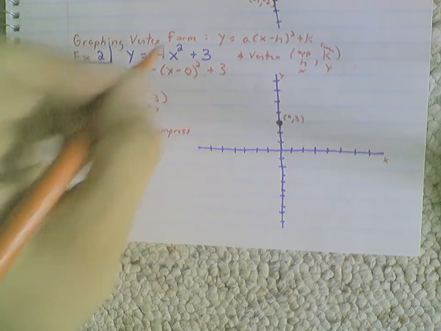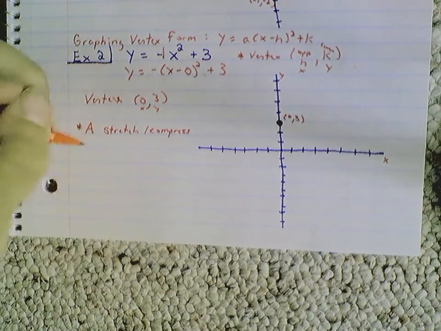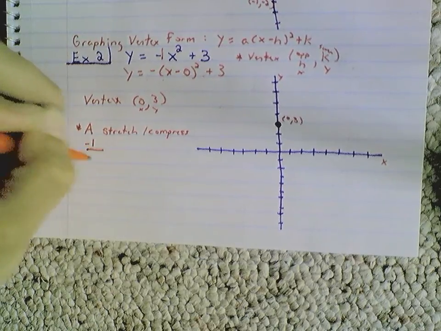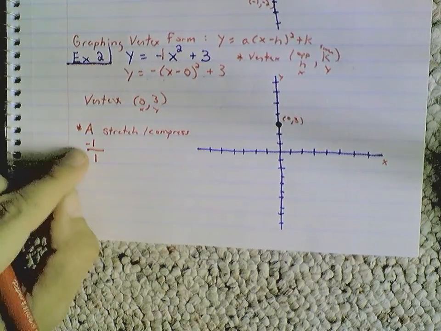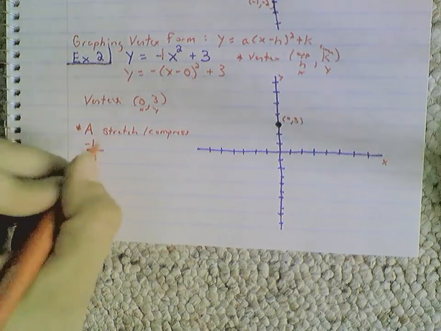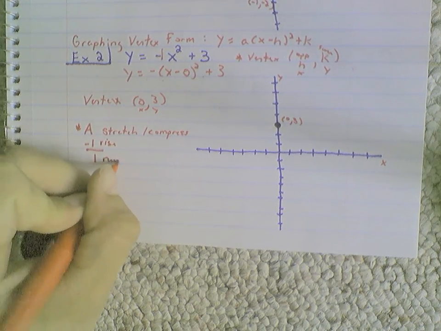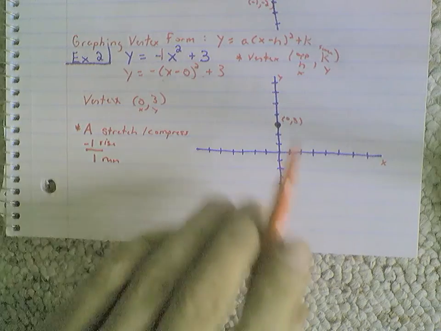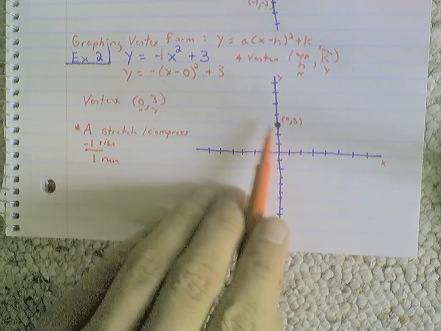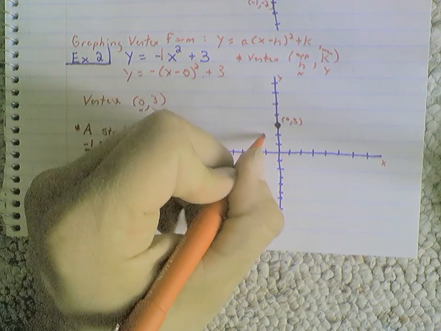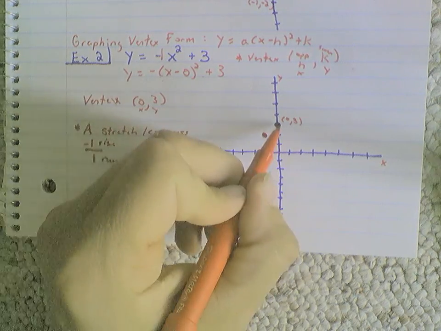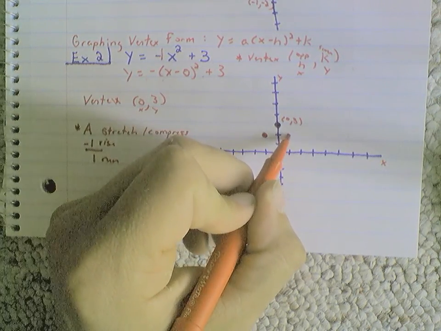And remember, when finding the stretch or compression, we always take our a and put it over 1. So negative 1 over 1. The top number is the rise, and then the bottom number is the run. So if I start at this point, when I go over 1, I should go down 1. And then if I go over 1 the other direction, I should go down 1 as well.